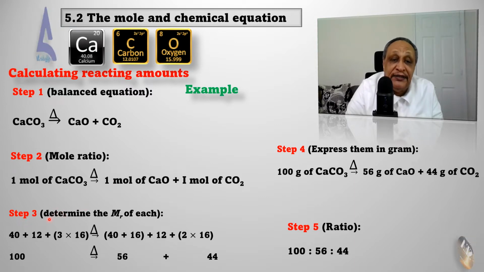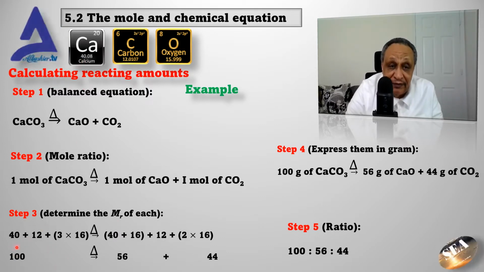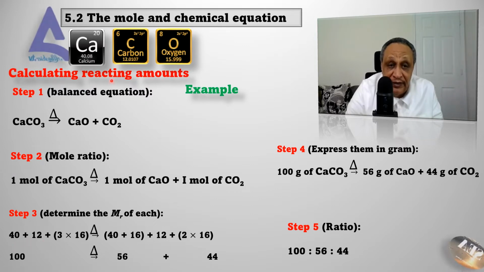Now I'm going to determine the relative formula mass of each compound, and also the mass of each compound depends on them. So calcium is 40 plus 12 of the carbon, and then I have 3 atoms of oxygen, each one of 16, which is going to be 40 plus 12 plus 48.